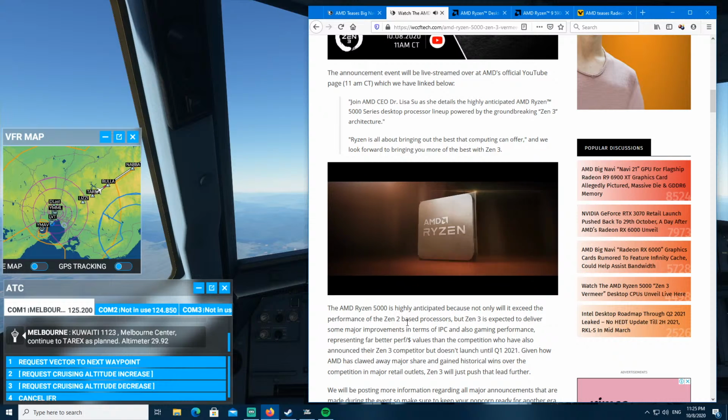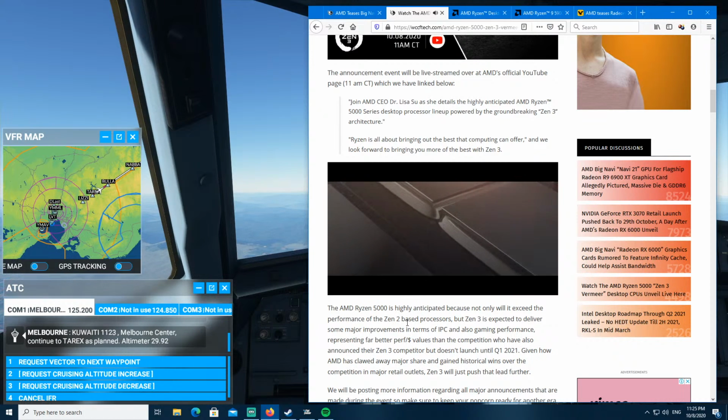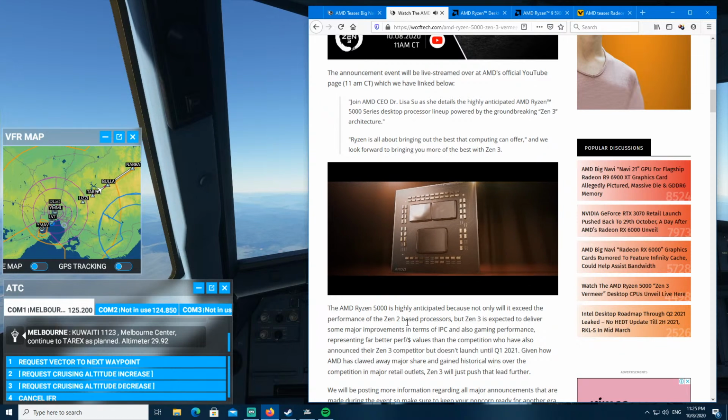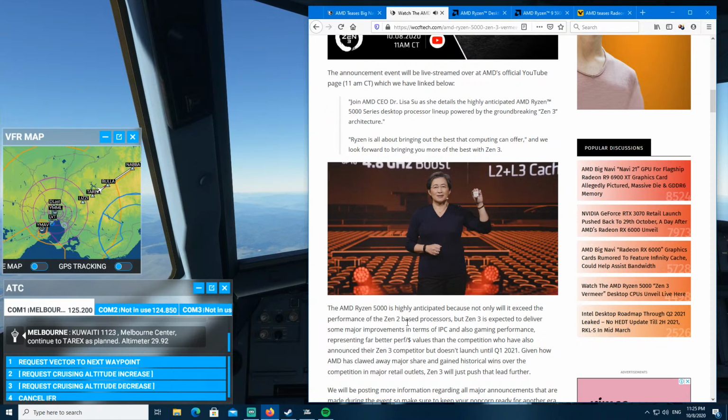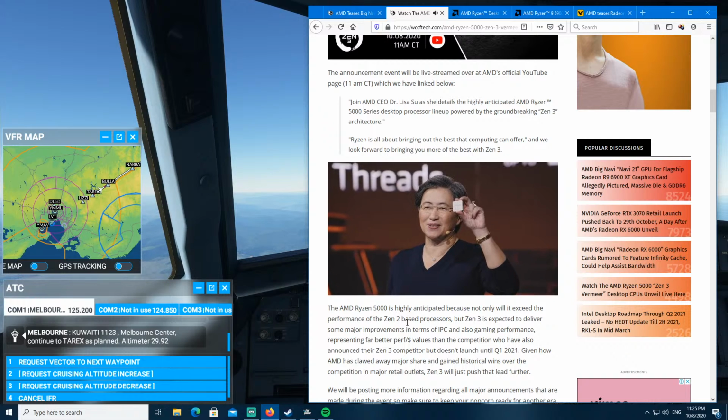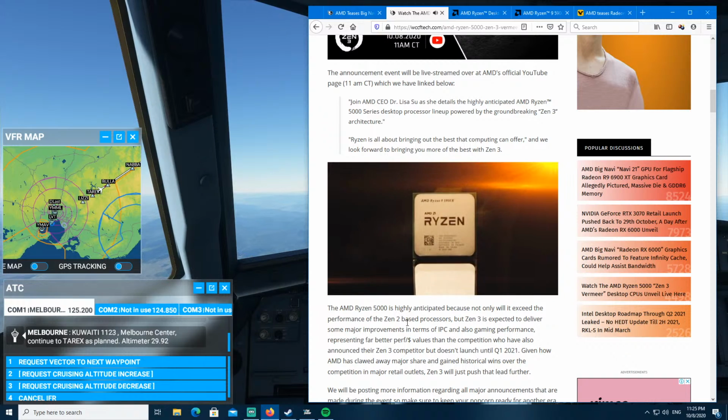Proud to show you for the very first time the AMD Ryzen 5000 series for high-performance PCs. The world's first Zen 3 powered CPU. This is the AMD Ryzen 9 5900X. 12 cores, 24 threads, and a boost up to 4.8 gigahertz. It's a very special product, the ultimate enthusiast processor.